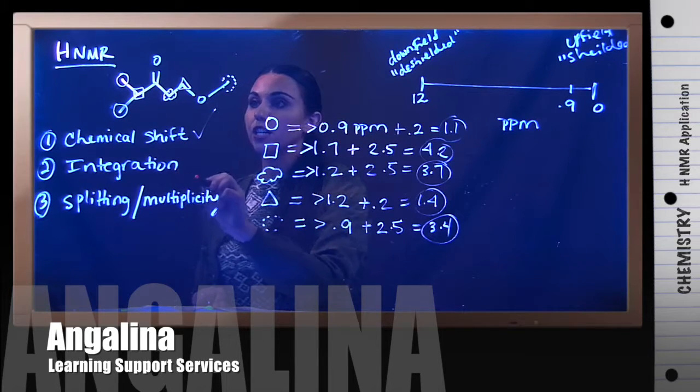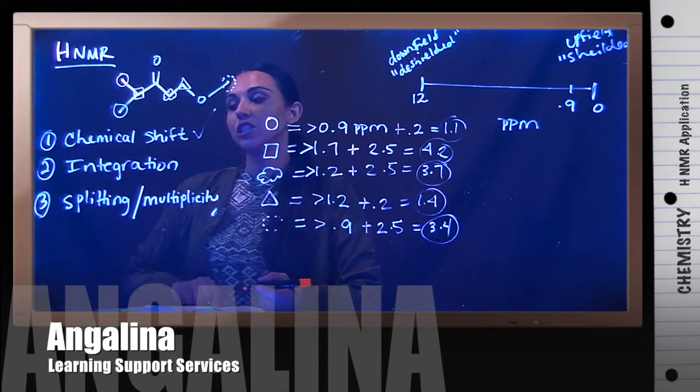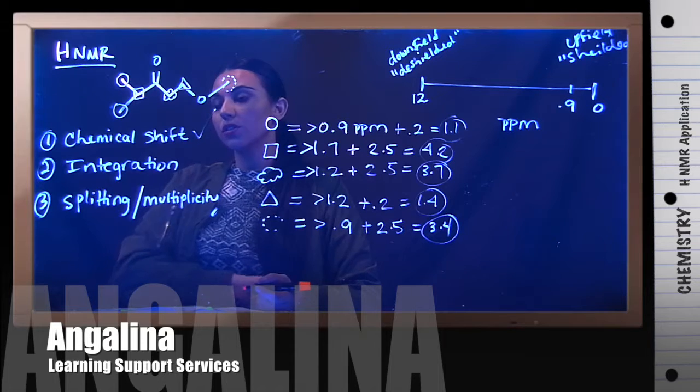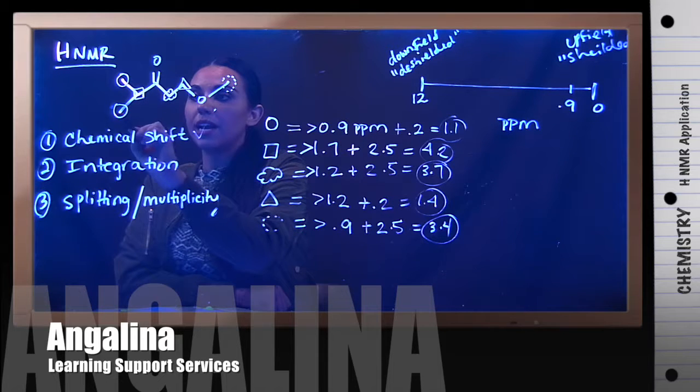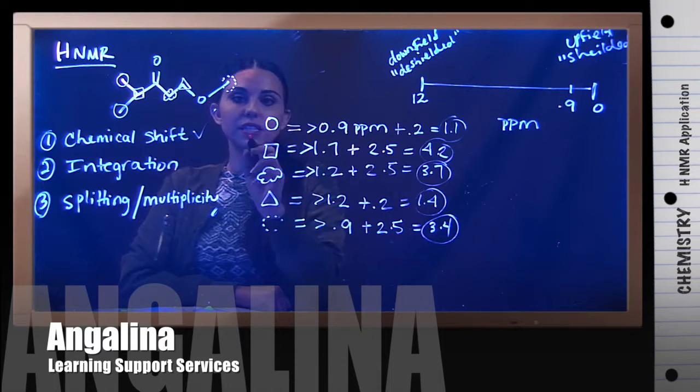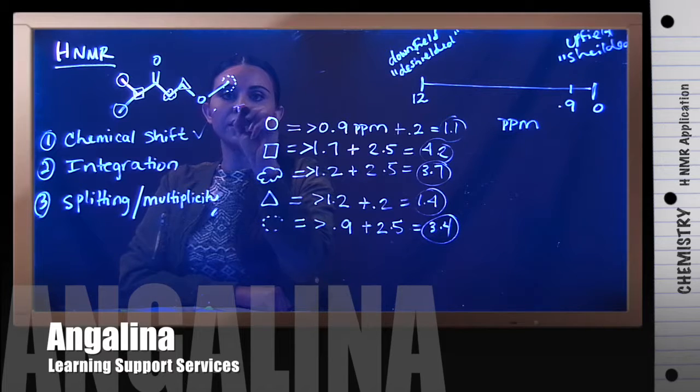For integration, we want to focus on how many hydrogens are being represented per signal. So this is pretty simple. In this signal, right, this circle signal, we have 3 hydrogens here and 3 hydrogens here. So my integration would be the complete number of hydrogens. So 6 hydrogens I would expect to be seen for this signal. So my integration for this guy should be 6. So I'm just going to write here integration.